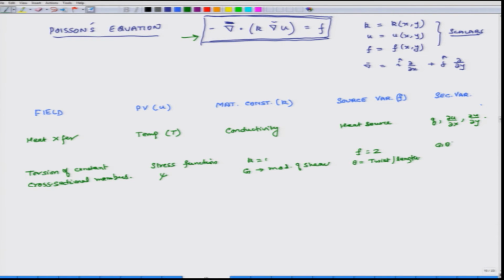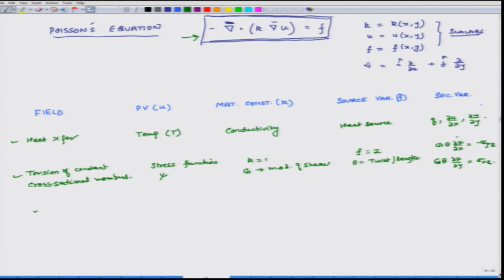G theta del psi over del x is equal to minus sigma yz, and G theta del psi over del y is equal to sigma xz. So, this is thermal, this is mechanics.